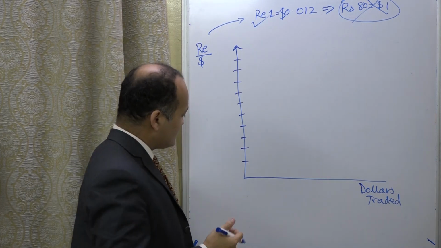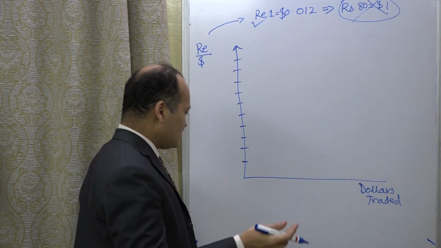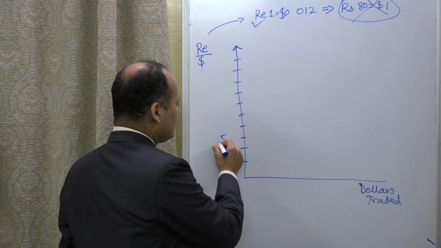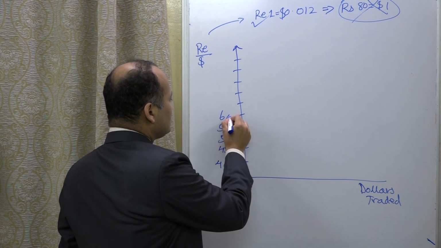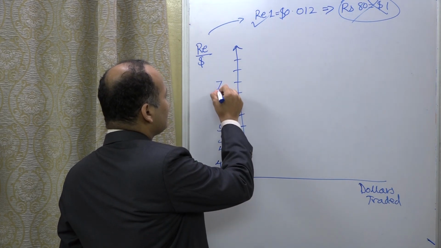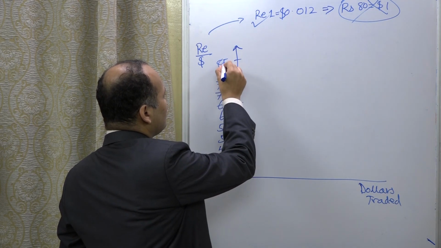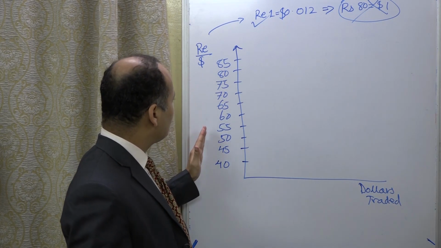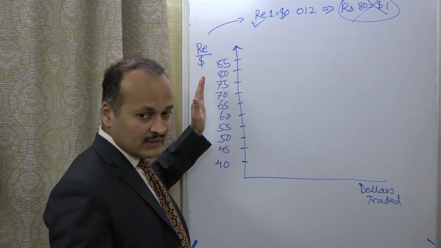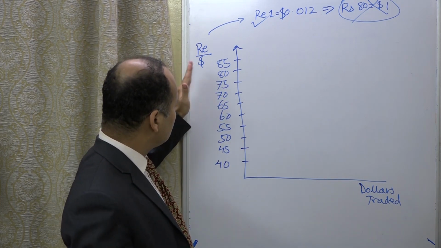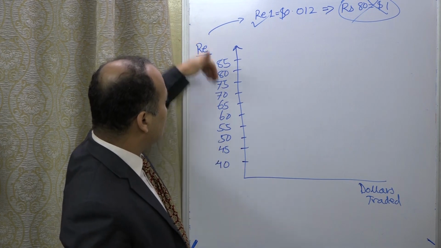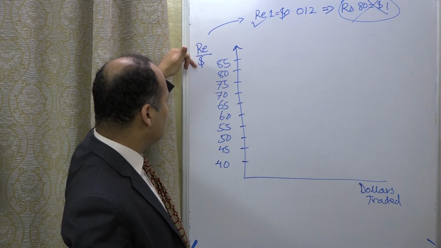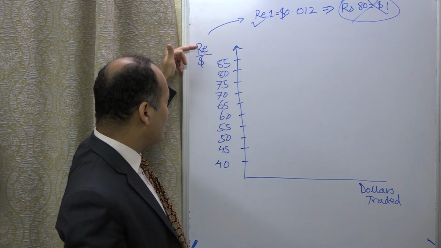That means now we will be representing the exchange rate the way it is reported in the newspapers, say 40, 45, 50, 55, 60, 65, 70, 75, 80, 85, and likewise. So when I move up along the y-axis, actually the rupee is depreciating. In the previous case, the rupee was appreciating as we were going up the y-axis, because we were representing how many units of dollars you can get per unit of rupee.